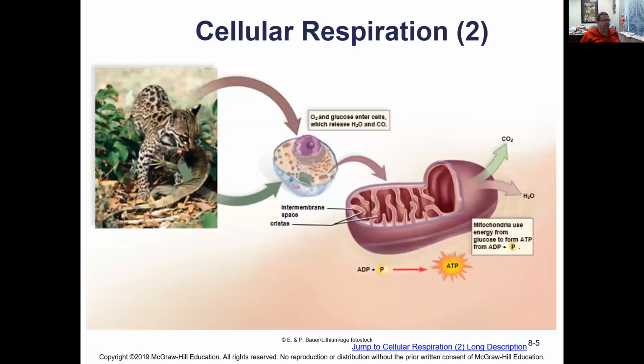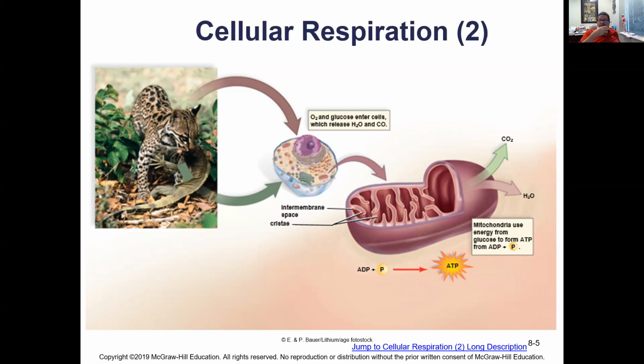So one more time, in the cell of the cheetah, or whatever that is, the mitochondria is where all this is going to happen. We're going to make all that energy, and we're going to make some CO2 and water. Matter of fact, one of the coolest things about this is these two gases are what we exchange every time we breathe in and out.